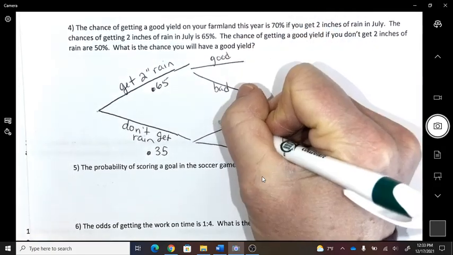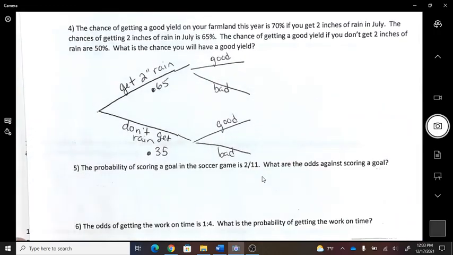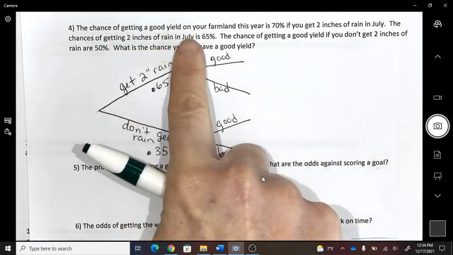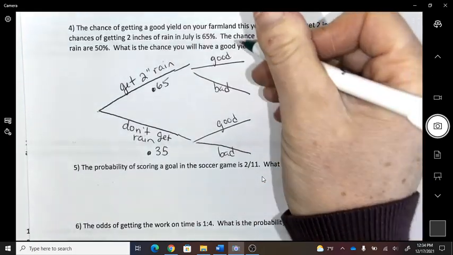Now you're either going to have a good yield on your farm or a bad yield. Okay, the chance of getting a good yield is 70% if you get the rain.